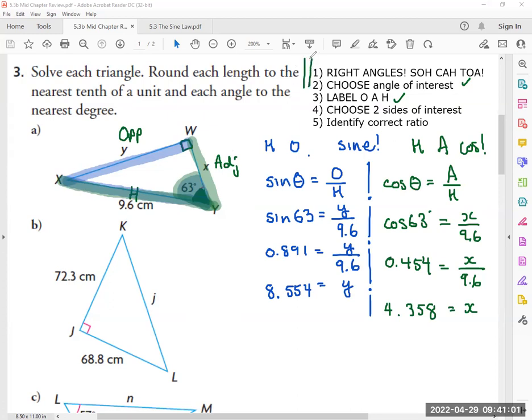If you want to keep this in your cheat sheet too, you can. But still, it's a matter of you being able to follow the instructions on your own without me prompting you in the future. Any questions on normal primary trig ratios? So primary as in SOHCAHTOA.